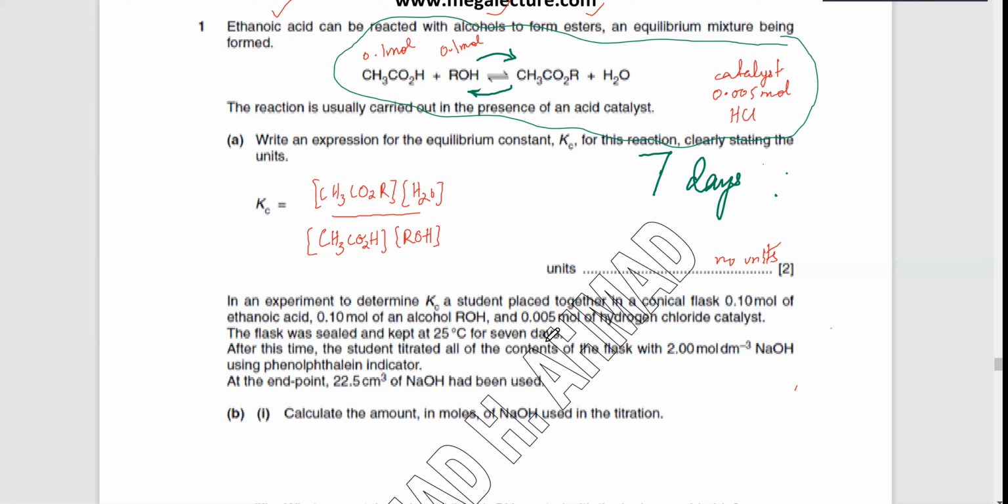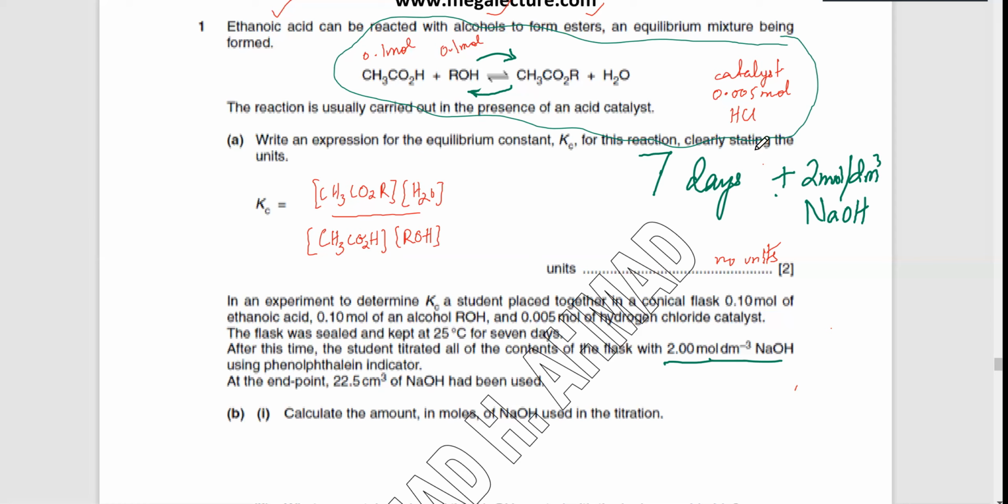Now, after 7 days, the student does a titration. And he titrates the entire content with 2 mole per dm cube of NaOH. So he's saying that after this time, the student titrated all the contents of the flask.